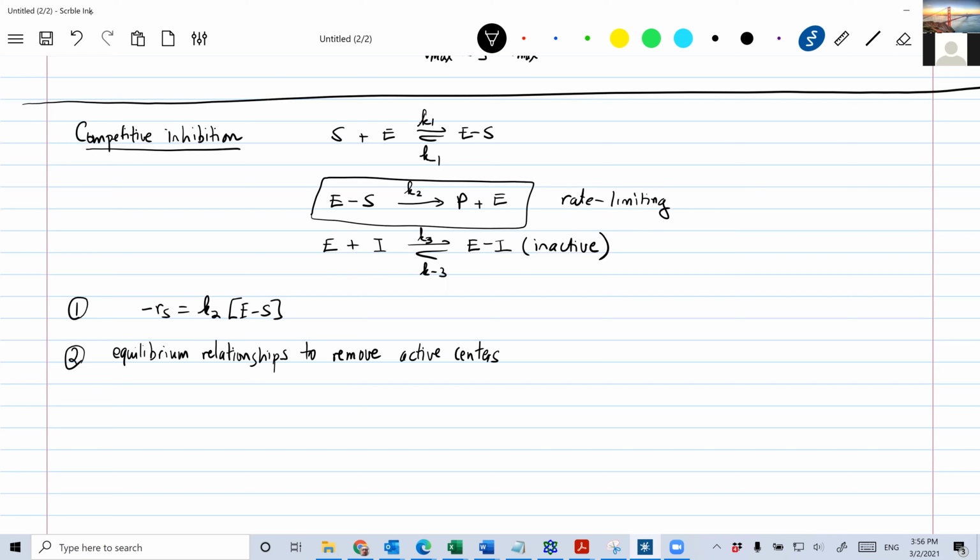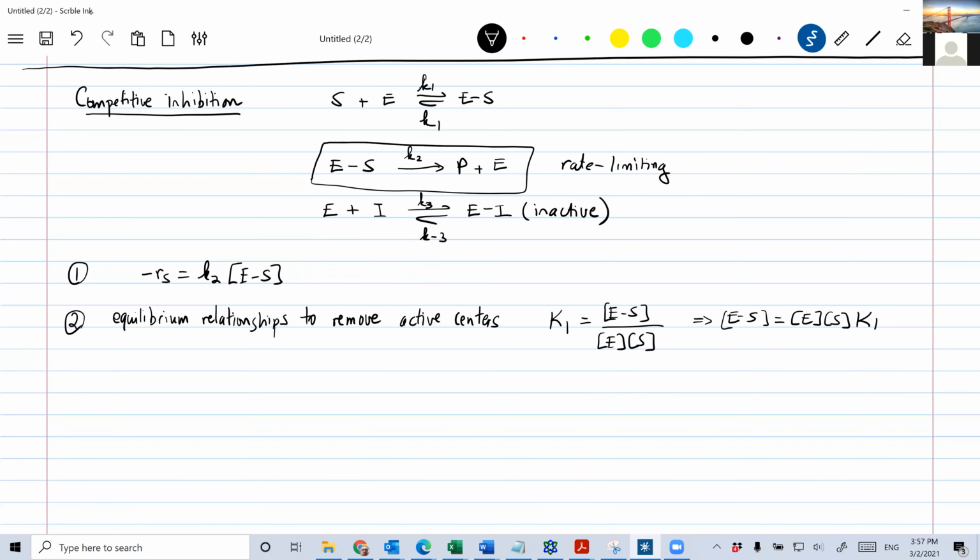So we can look at the first reaction where K1, large K1, is ES divided by E times S. And we've done this before. So we can calculate ES is equal to E times S times K1.